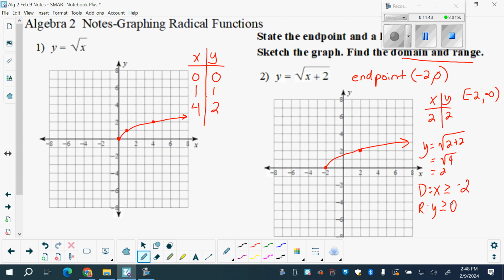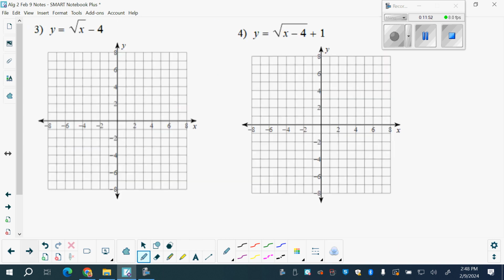Okay, let's move on to number 3. What is my endpoint on number 3? Somebody here at this table, what's my endpoint on this one?